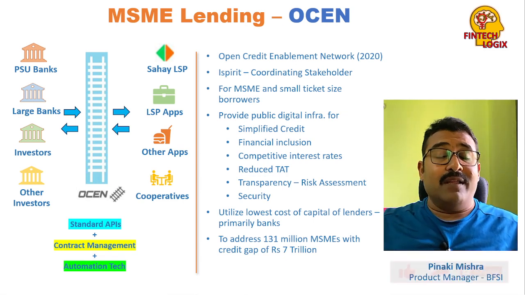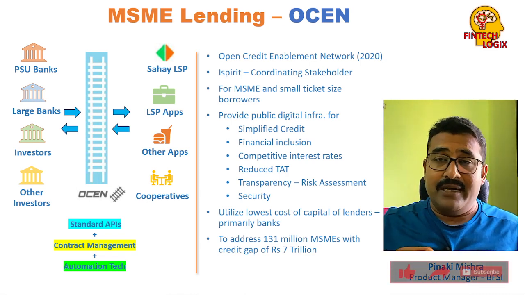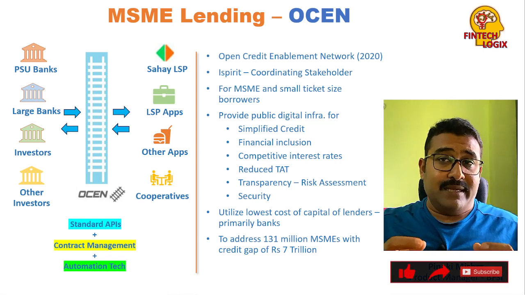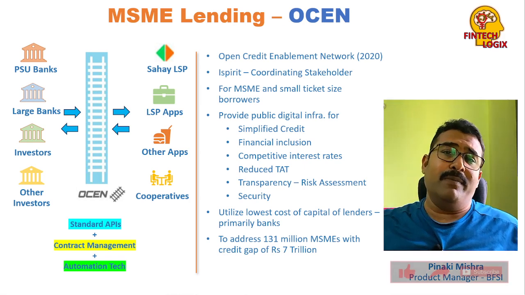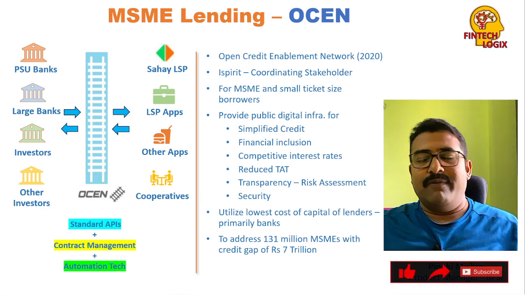Obviously, because of the integrated structure and the automation, this will result in reduced TAT. And fifth is having transparency for risk assessment purposes and even getting additional security from all those frameworks which are there.